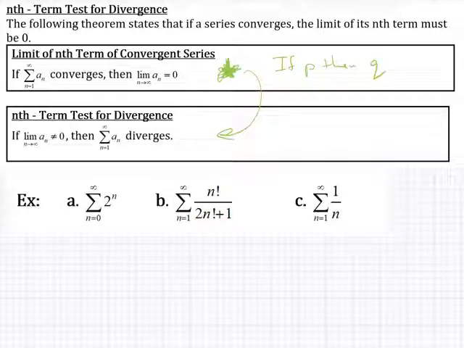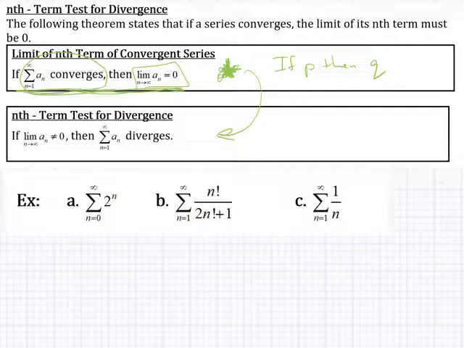So if in this case a series converges, that's the P, then the limit as n goes to infinity of a sub n equals 0. That's the Q. And so what this says here is something that more or less should be thought of as common sense.